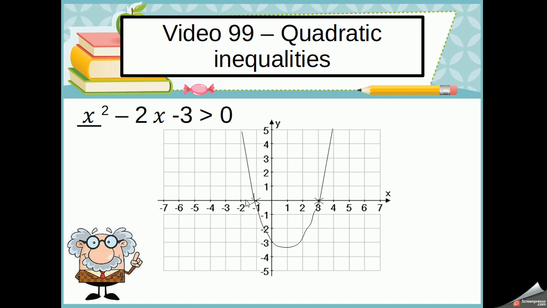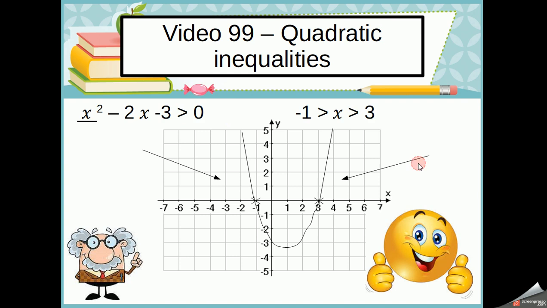If we went down here to minus 1.5, y is now 3. So it's greater than 0. So any of these points to the left or right of our curve is where the value is greater than 0. So we can say that when x is greater than 3 or less than minus 1, as shown by this double inequality here, that is when x squared minus 2x minus 3 is greater than 0.